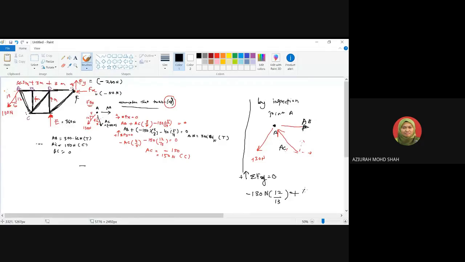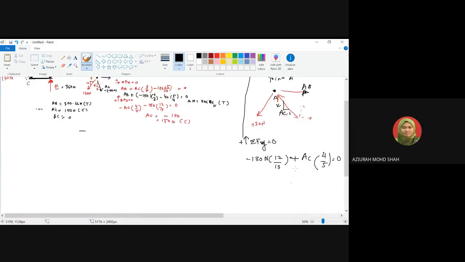Okay, AC. So tadi kat sini kita buat 4/5 sama dengan kosong. Okay, bila you kira you dah nampak AC kamu akan dapat nilai positif. Okay, positif 150 Newton.